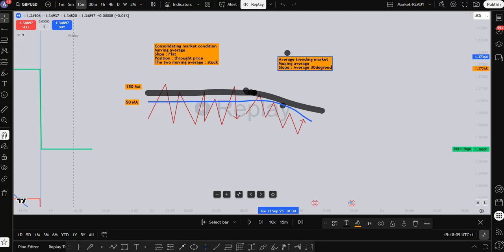For example, the position is clearly above the price in the bearish market and below the price in a bullish market.